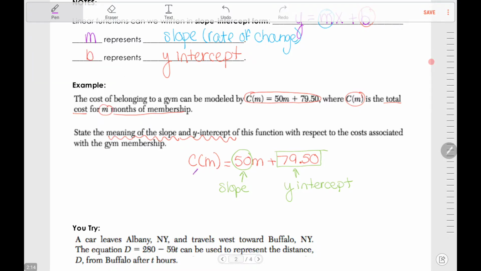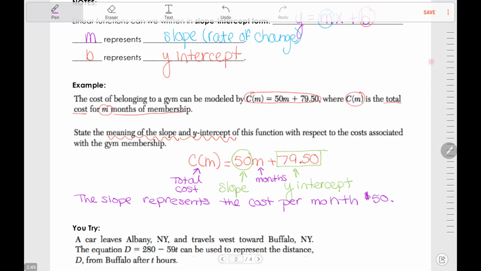We were given that C of m is the total cost, and m is the months. So what would 50 represent? It's related to the cost and the months. So 50, the slope, represents the cost per month.